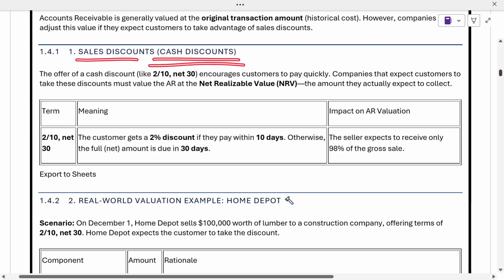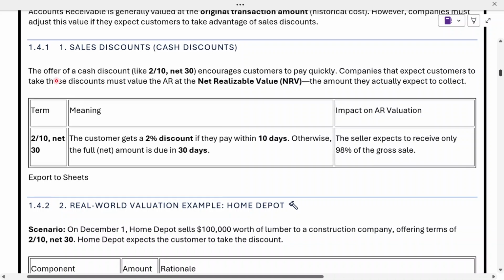One of the cases is the cash discount. In the discount offer, the company may write the cash discount like 2/10 net 30, which is general business parlance.